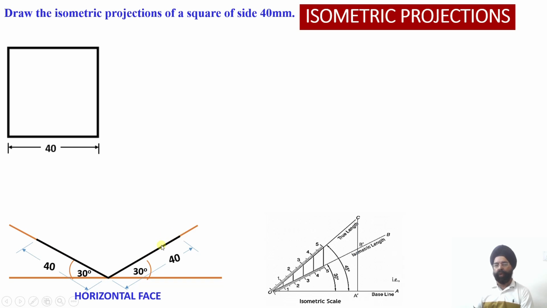Now the remaining two edges will be parallel to these two edges. So these are two edges of the square lamina which have been drawn onto the isometric x-axis and the z-axis. Now the two isometric lines we have drawn, this line is parallel to this edge. Similarly, this edge of the square is parallel to this edge.